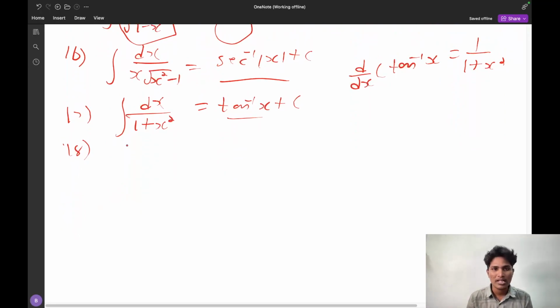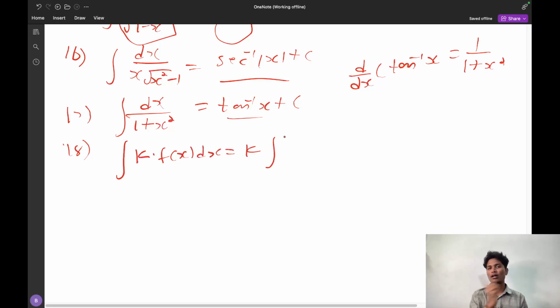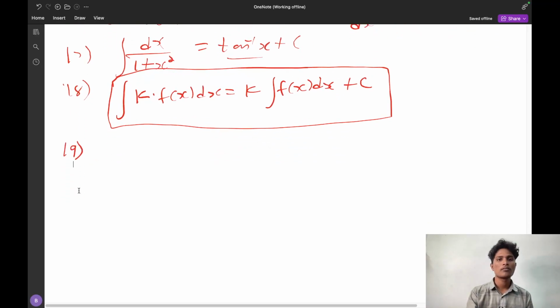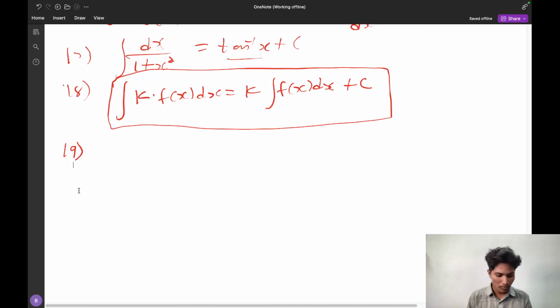Suppose there is a constant multiplied by a function. What can I do? I can take the constant outside, and I will write k into integral f of x dx plus c. Now I can split the integral.